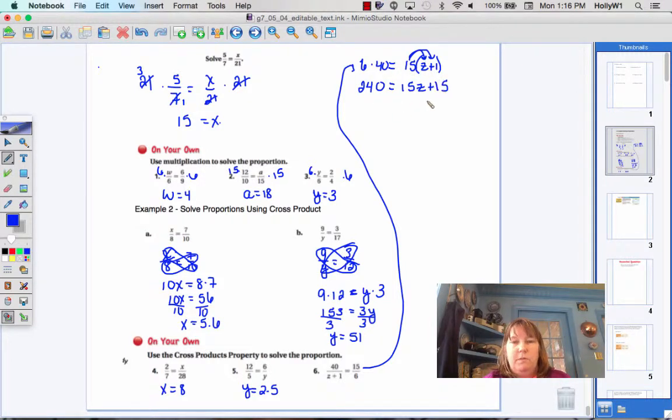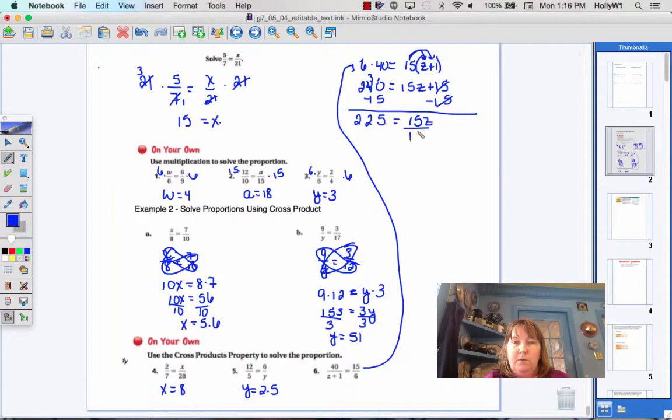Well, now we have a two-step equation, so we're going to subtract 15 from both sides, and we end up borrowing. So 10 subtract 5 gives me 5, 3 subtract 1 gives me 2, 2 subtract 0 gives me 2. And these cancel out, and I end up with 15z.